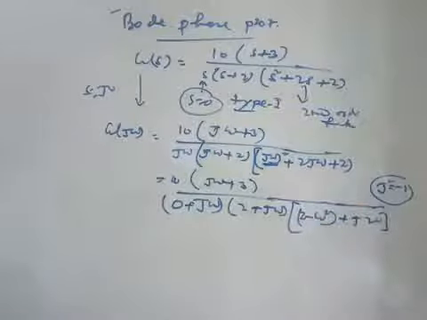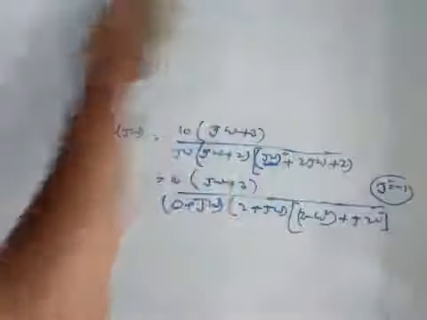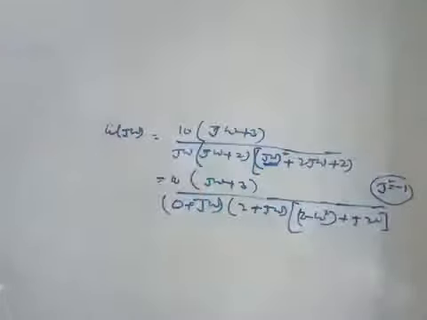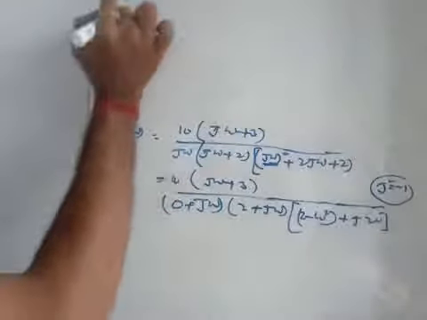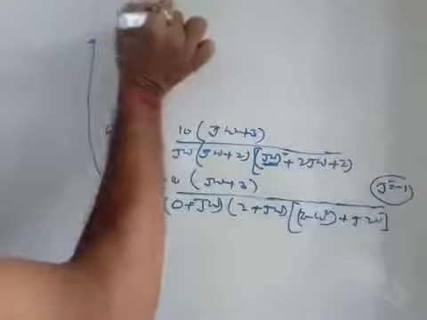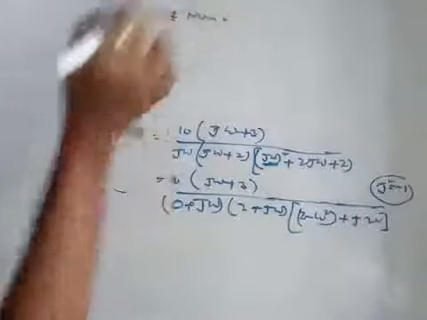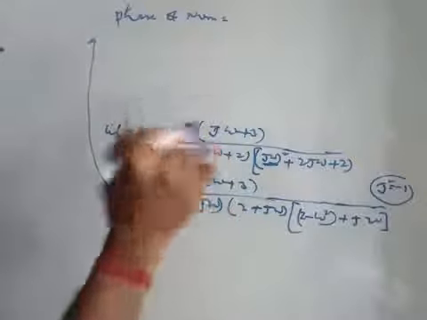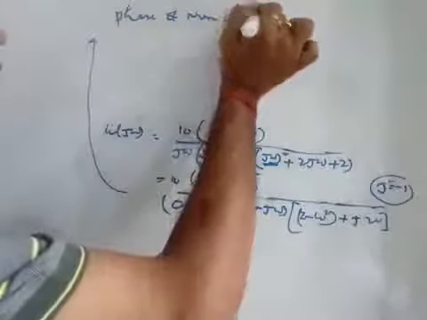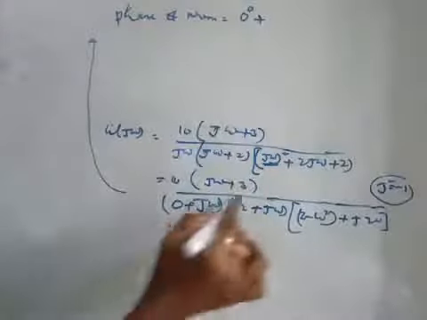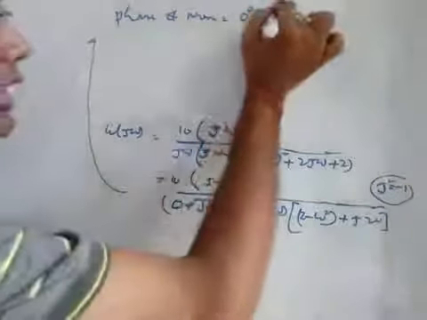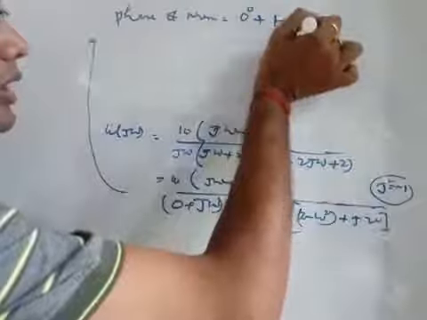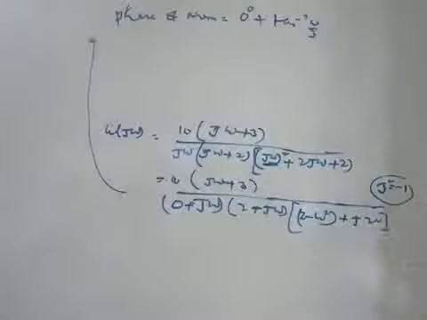So the next step is to find the phase of the numerator. Step by step I am doing, because once you understand all these things, then you can do it in a single step, right? So phase of the numerator: the numerator has two terms, 10 means 10 plus j0, so the phase corresponding to it will be 0 degree, and here real and imaginary, so tan inverse of imaginary by real, tan inverse omega by 3.